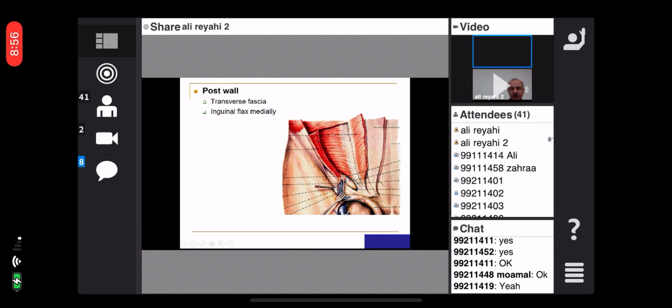The conjoint tendon is formed by joining of muscle fibers of the internal oblique and transversus abdominis, that finally passes behind the superficial inguinal ring and connects to the pubis.